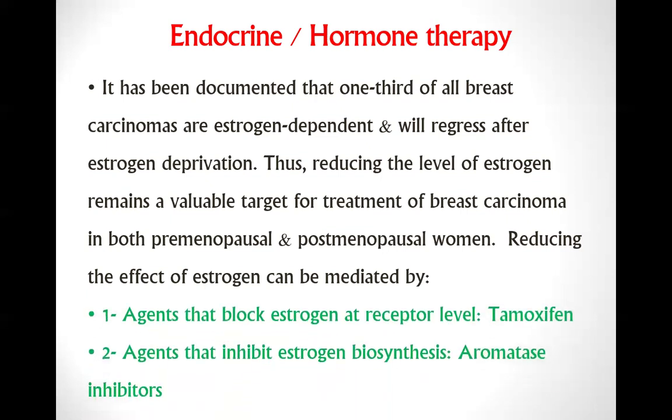Okay, so we'll cover both. One is tamoxifen, estrogen receptor antagonist, and the other is inhibitors of biosynthesis or aromatase inhibitors. Okay, SERM, selective estrogen receptor modulator. We don't call it antagonist.